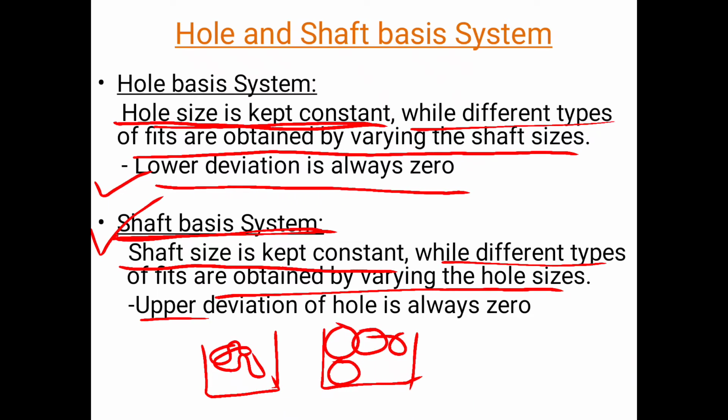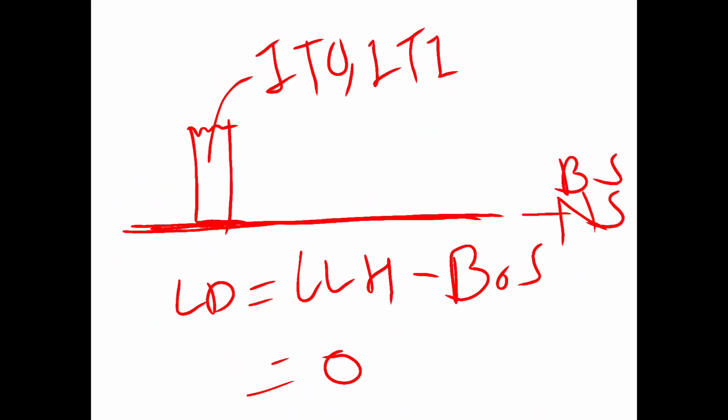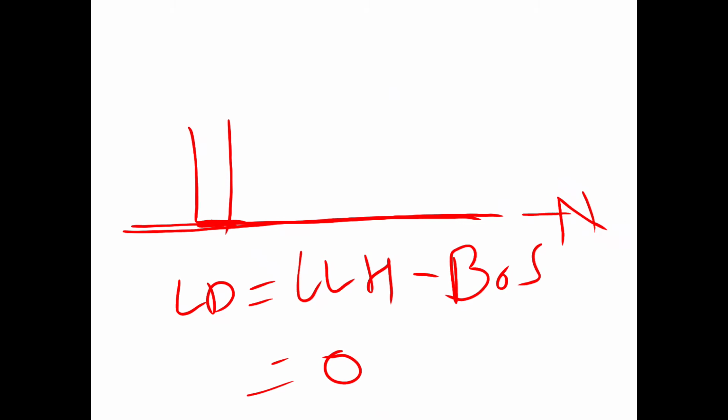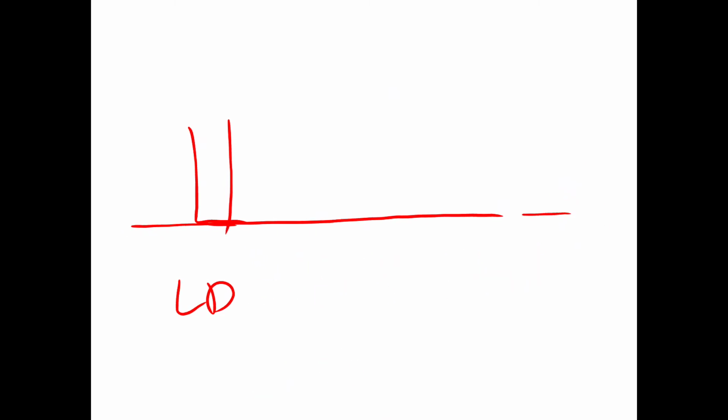Then next, the upper deviation of the shaft is always 0. Upper deviation of the shaft is always 0 means, we will draw the basic size first.